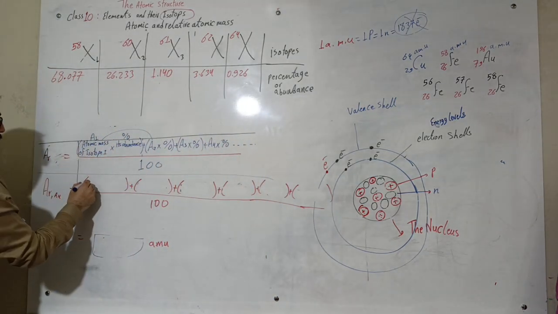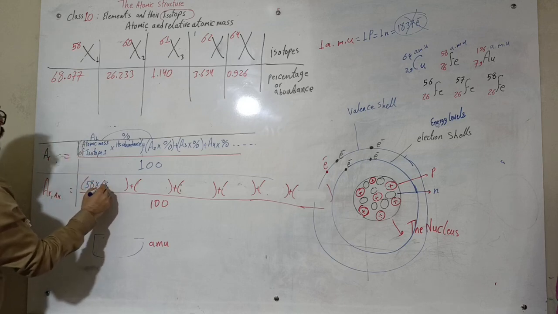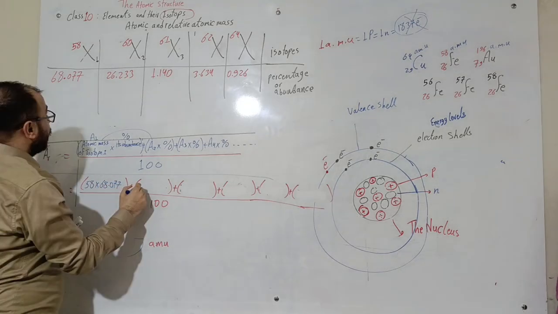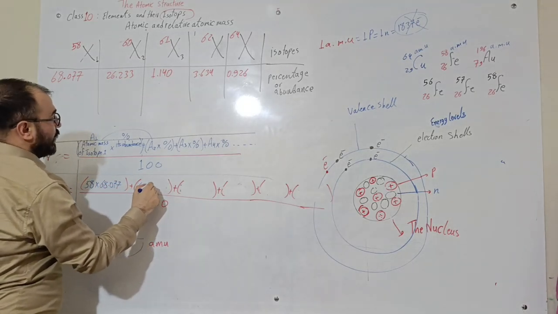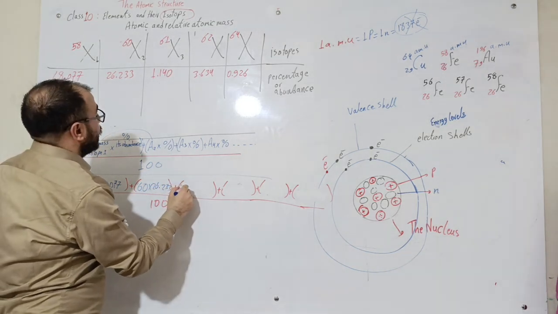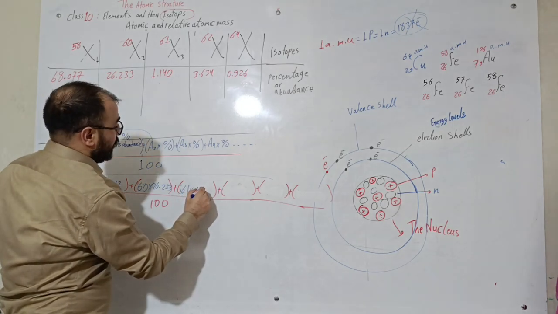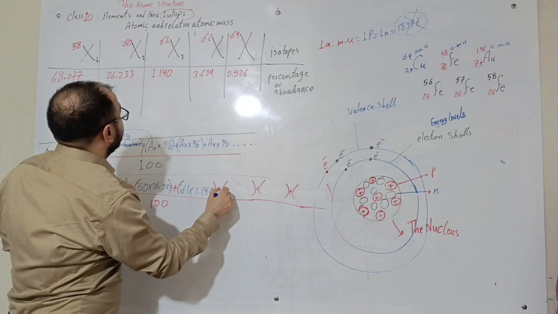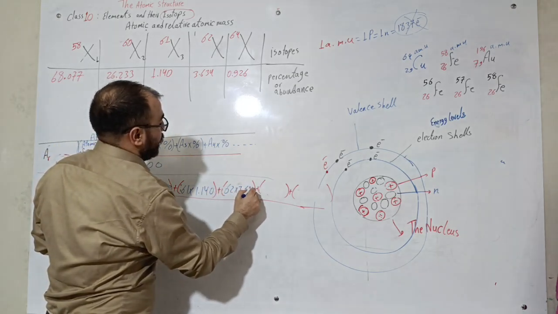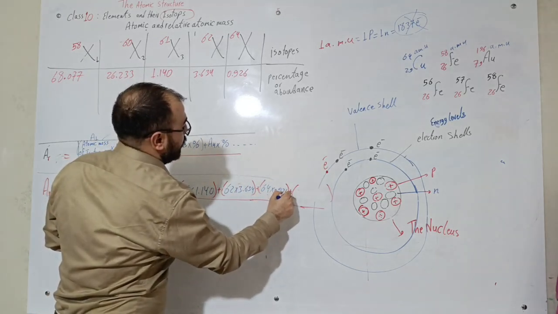Now we're going to apply the same rule here. We have 85, 68.077. We have 60 multiplied by 26.33. We have 61 multiplied by 1.140, and we have 62 multiplied by 3.634, and we have 64 multiplied by 0.6.